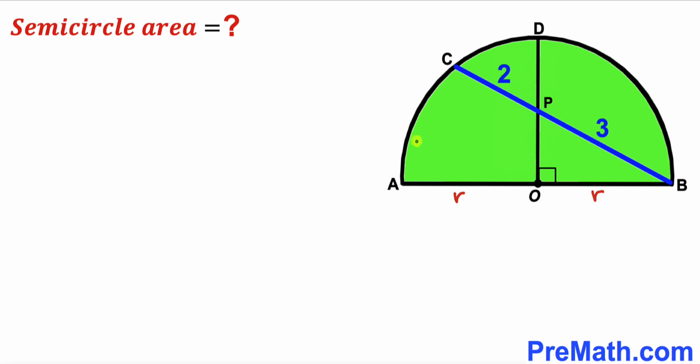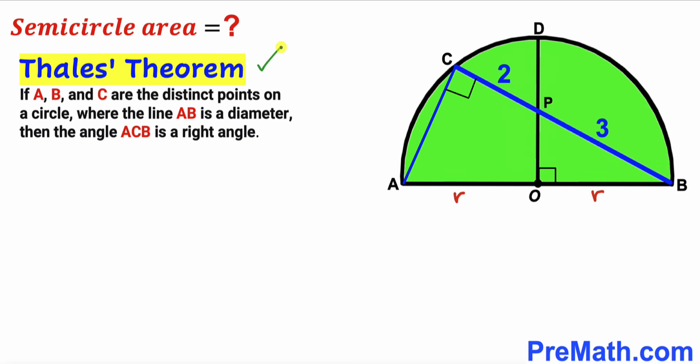In the next step, I'm going to connect points A and C. As you can see, we get this chord AC, and as a result we end up with triangle ABC. Now let's recall Thales' theorem. According to this theorem, if A, B, and C are three distinct points on the same circle, and AB is the diameter, then angle ACB is a right angle, in other words a 90 degree angle.